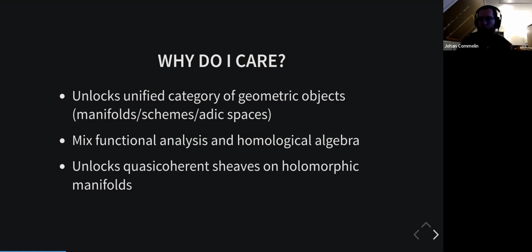Because there wasn't a flexible enough formalism of taking completions that would be compatible with the whole push forward and pullback notions, etc. Right. So these are reasons why you might want to be interested in condensed mathematics and the theory built on top of it.